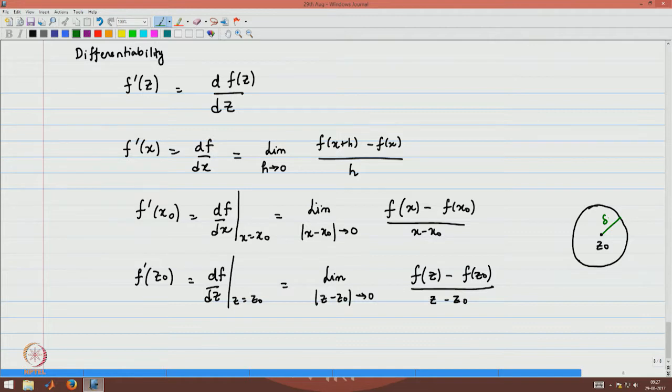Now when I say z tends to z 0, I can have a point anywhere here. It can go this way, it can go this way, it can go in this direction. So I can take a point anywhere inside this neighborhood and move it towards z 0, and all of them should give the same value. So whichever direction I go, I should get the same derivative.